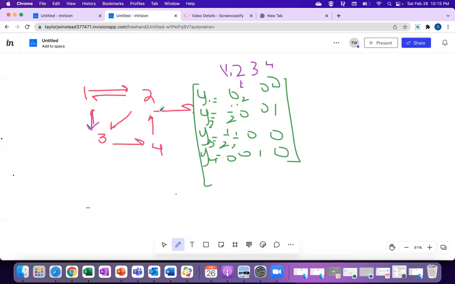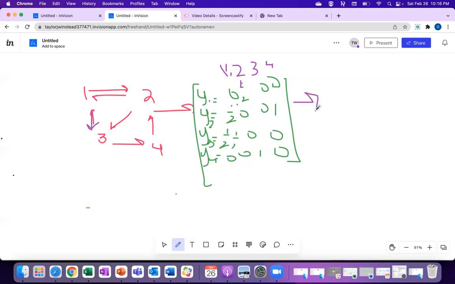So to figure that out, you want to have a distribution vector, and the idea of a distribution vector is it all has to add up to 1.